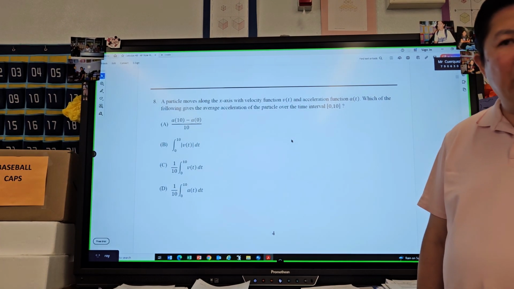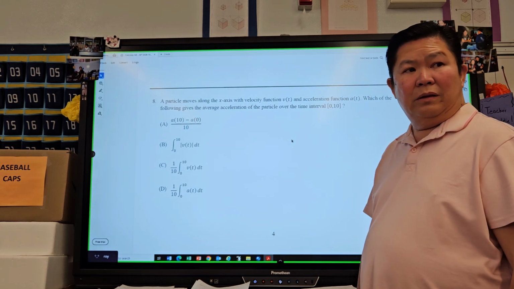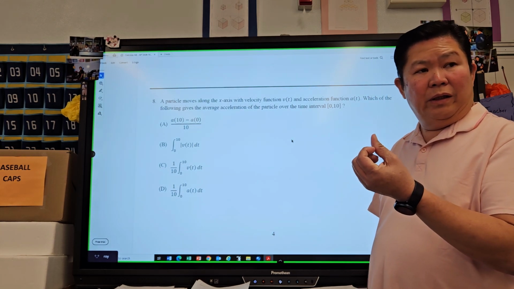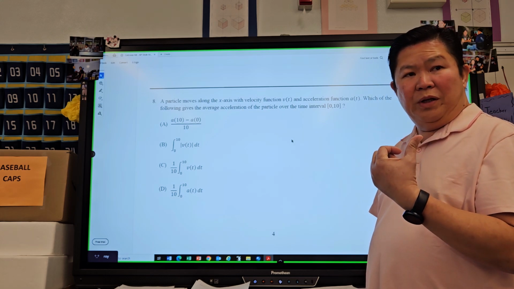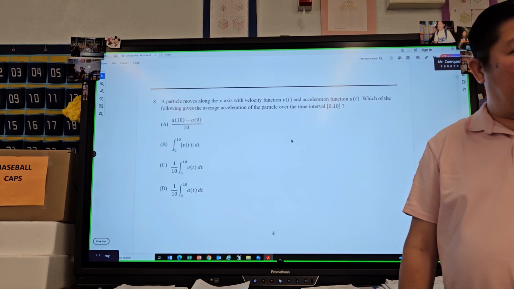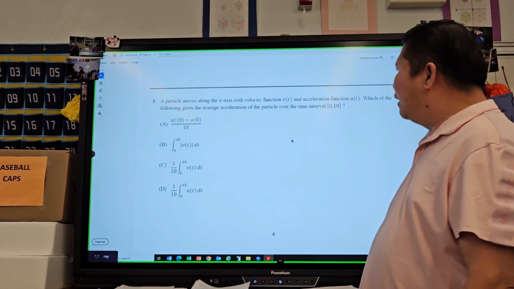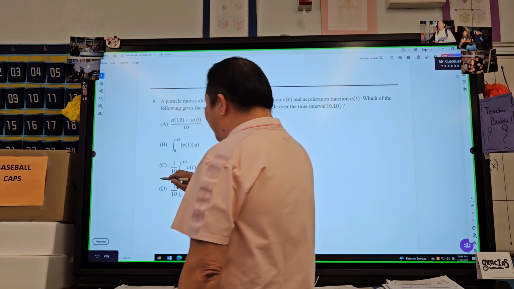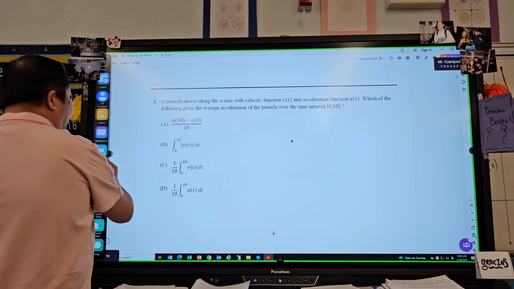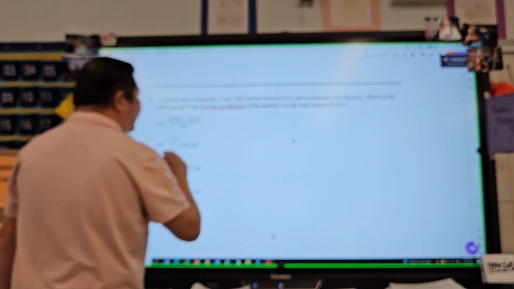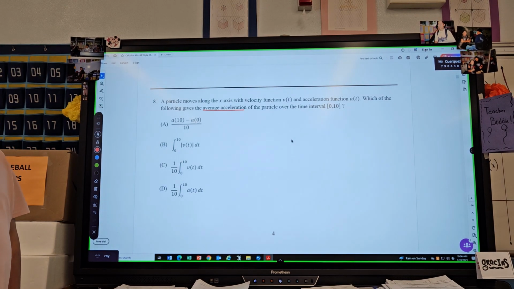It's going to be 1 over b minus a times the integral, right? Now, average acceleration. So I need you to highlight average acceleration.